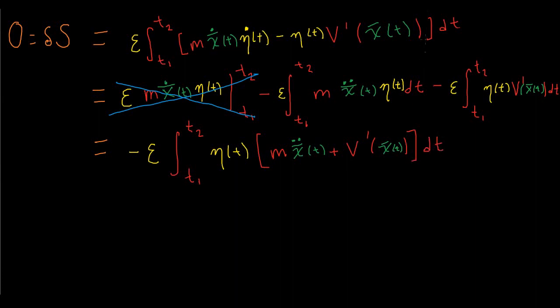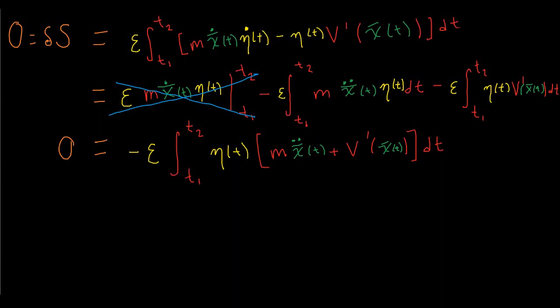All right, so all I did was I rearranged, I just put this term and this term into the same integral, and I took eta of t to be outside. All right, so I'm just going to write it again, this all has to be 0. And here's the amazing thing.